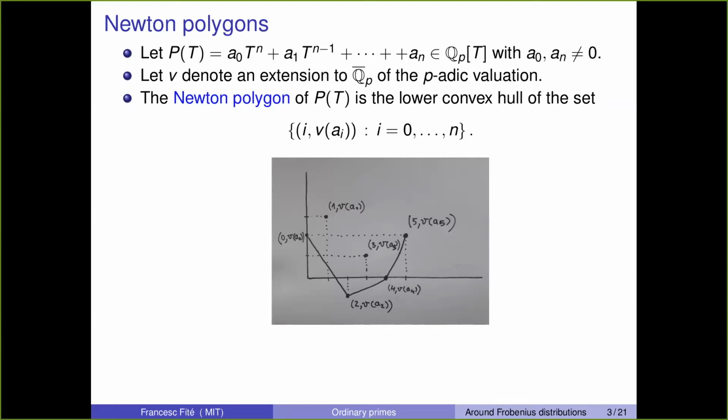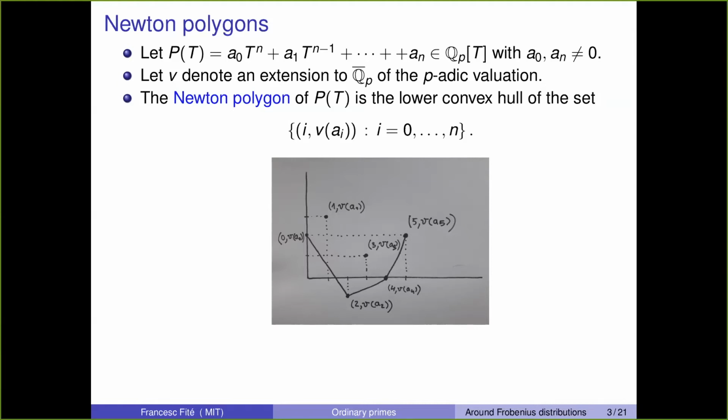You consider the set of points on the real plane whose x coordinate is some index i that goes from 0 to the degree of the polynomial, and whose y coordinate is the valuation of the ith coefficient of the polynomial.